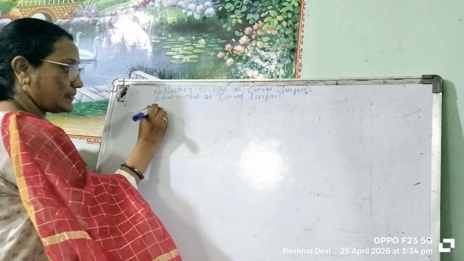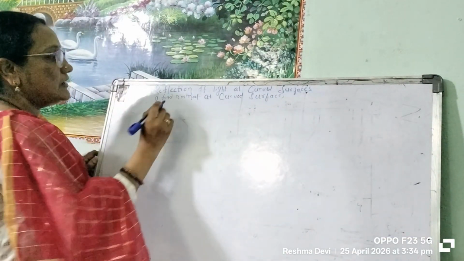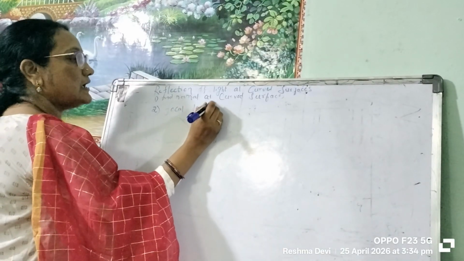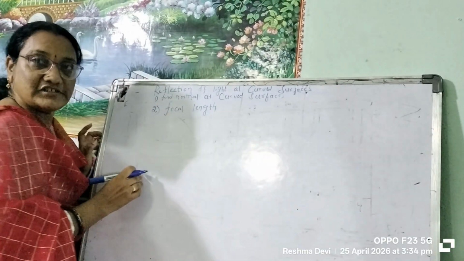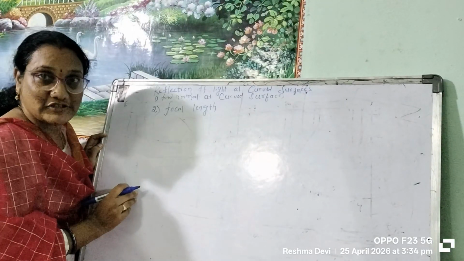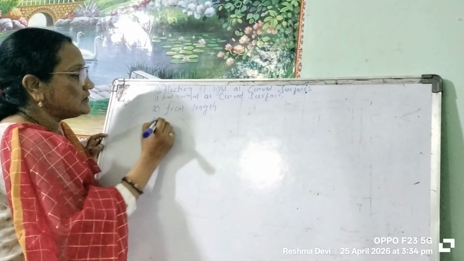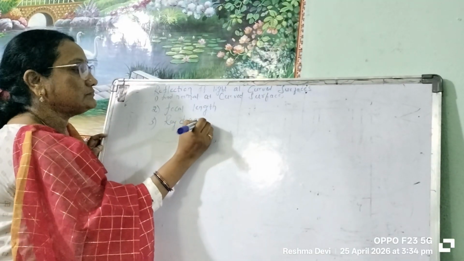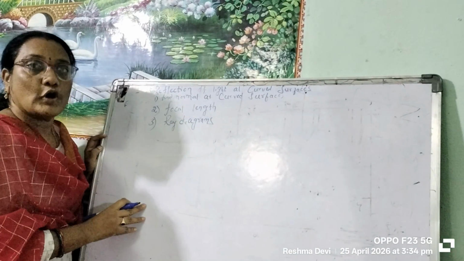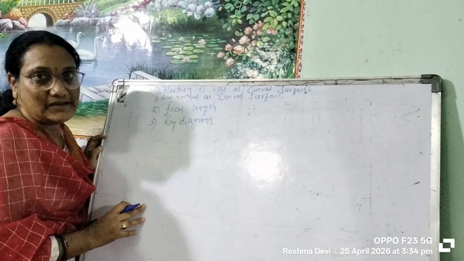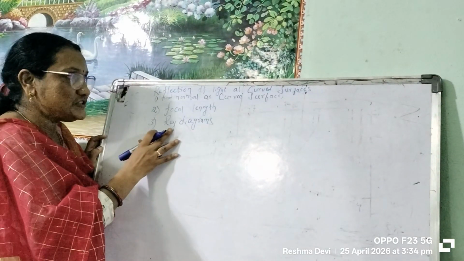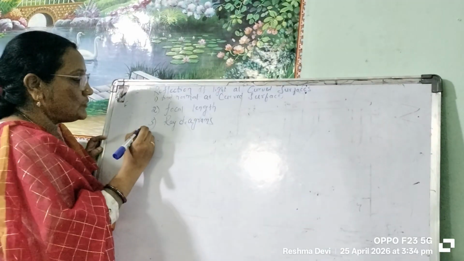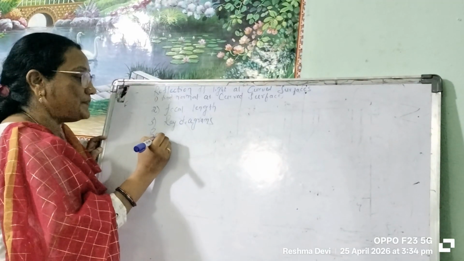The second thing we are finding is the focal length and also the relationship between focal length and radius of curvature. Third, we will draw ray diagrams for concave and convex mirrors. So these topics we are dealing with in this chapter. Now let us start our basics.